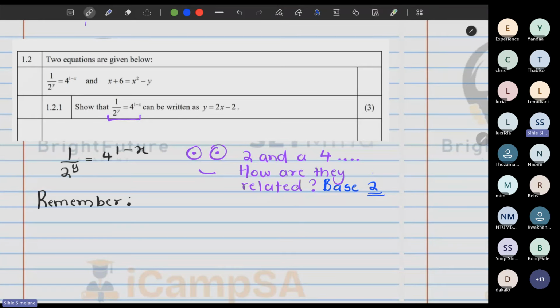Now I need to remind you of two things, guys, before we get into this problem. Remind me, how can we write 1 over a to the power of m? A to the power of negative m. Now, if I have a to the power of m, all to the power of n, how can I write this?